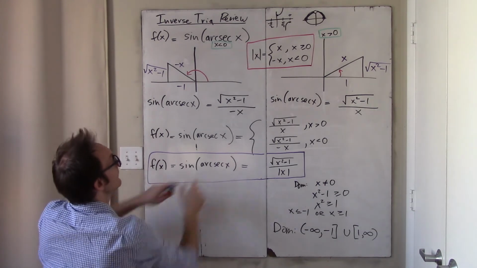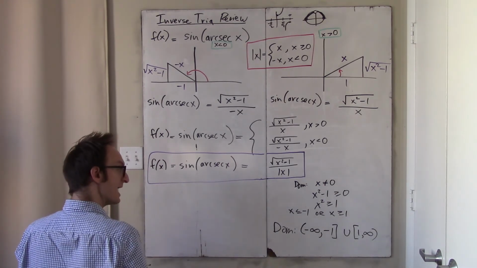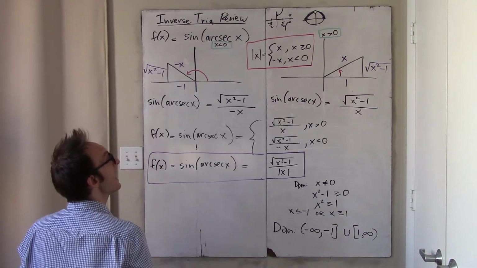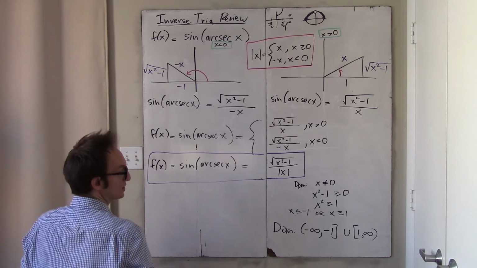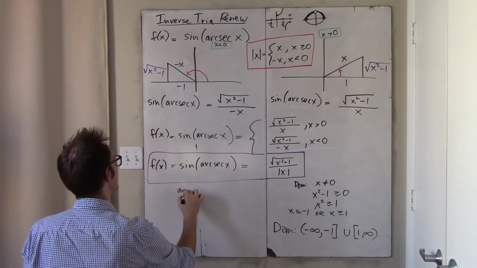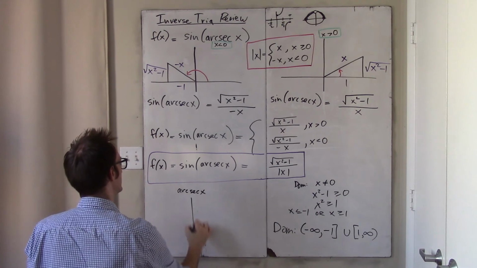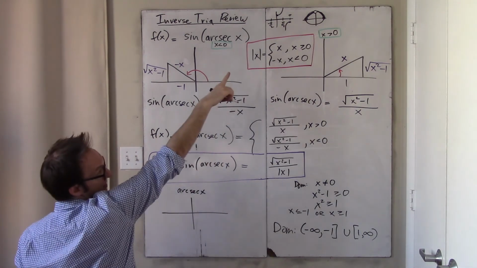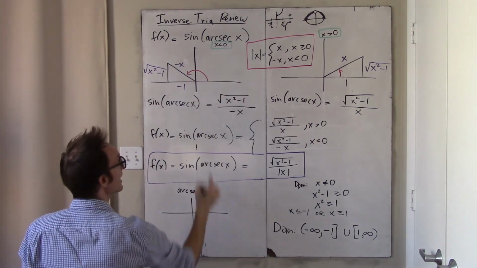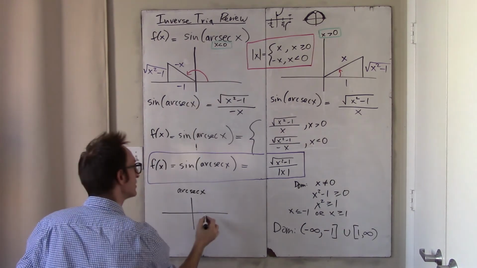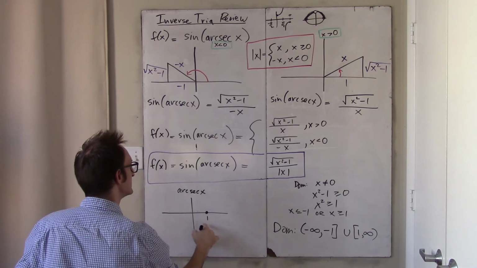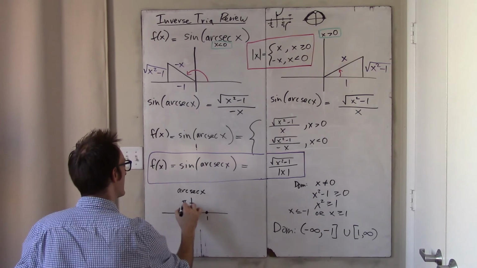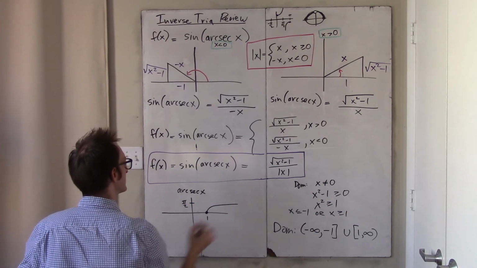Could I do it using facts about arc secant? I suppose I could. Sure. Because what does arc secant look like? Well, using the restricted version of secant up there, secant of 0 is 1, so arc secant of 1 is 0, and that's pi over 2, and we get this kind of type thing.